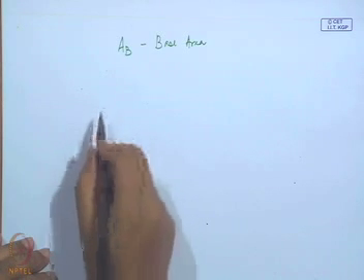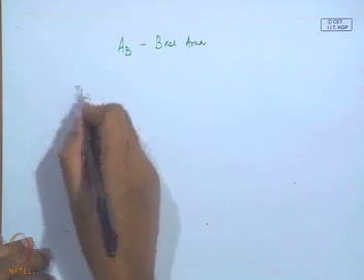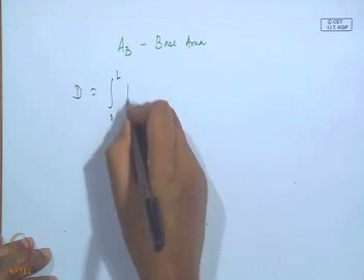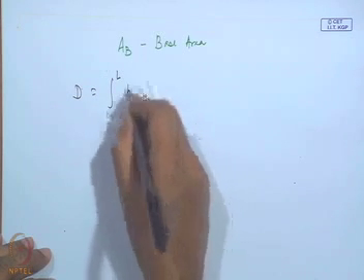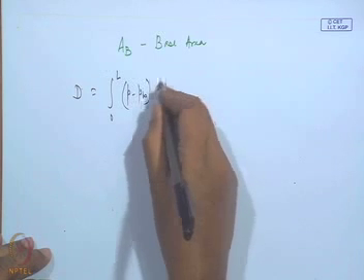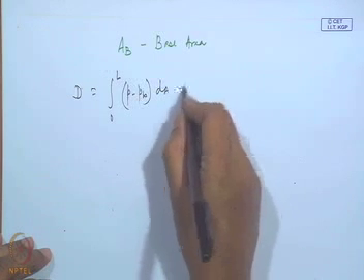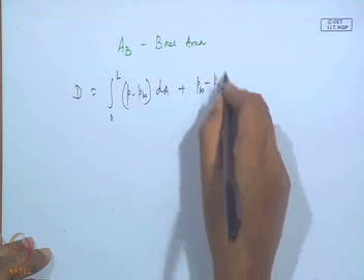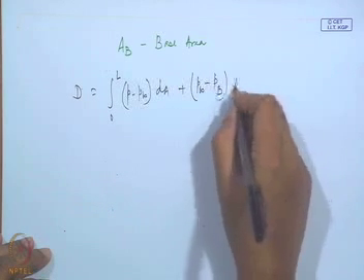Now, this can be arranged in this fashion: integral 0 to L of P minus P infinity dA plus P infinity minus P b into A b.